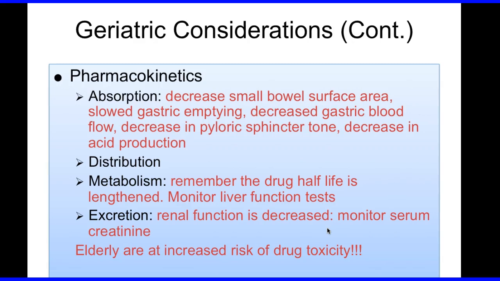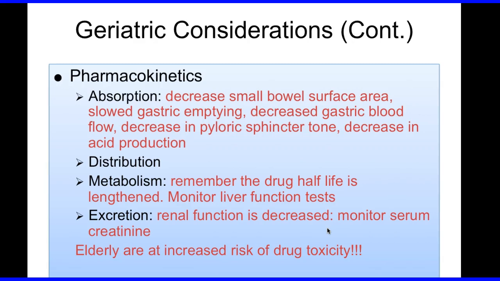Now, let's go over the pharmacokinetics. That fun stuff you like, right? Absorption, distribution, metabolism, and excretion. Again, everything that I have in red, just please pay extra attention to and really try to understand it. So when we're thinking of geriatrics and absorbing medications, if you're taking it by mouth, for example, you have a decrease in your surface area of your small bowel.